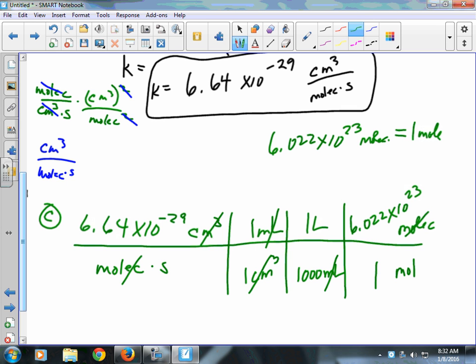It may not always include a concentration unit, but it will always include a time unit. So we punch this in.